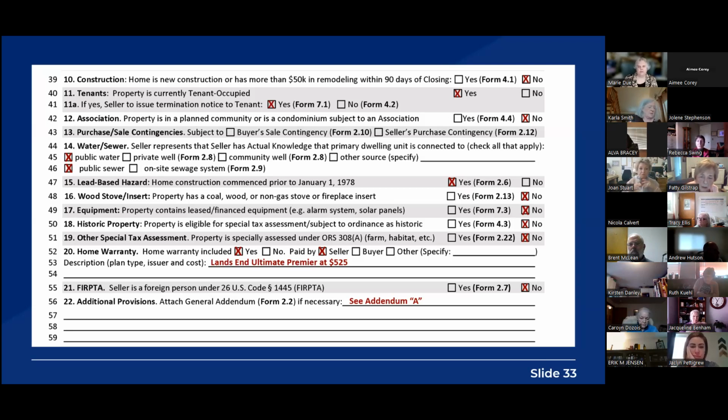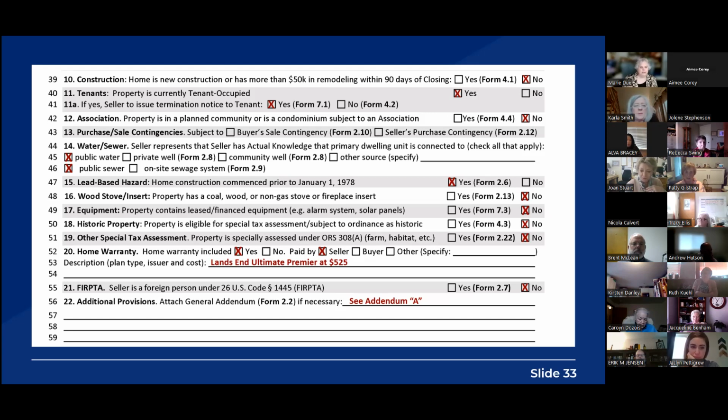So even though it was probably totally remodeled, it might have even burned down and was rebuilt, but you have to go off of the 1933 date on it. And we're going to go over, because like I said, it's not just paint, it's also other hazards that we'll go through. Wood stove insert, again, if it's yes, that form will come up.